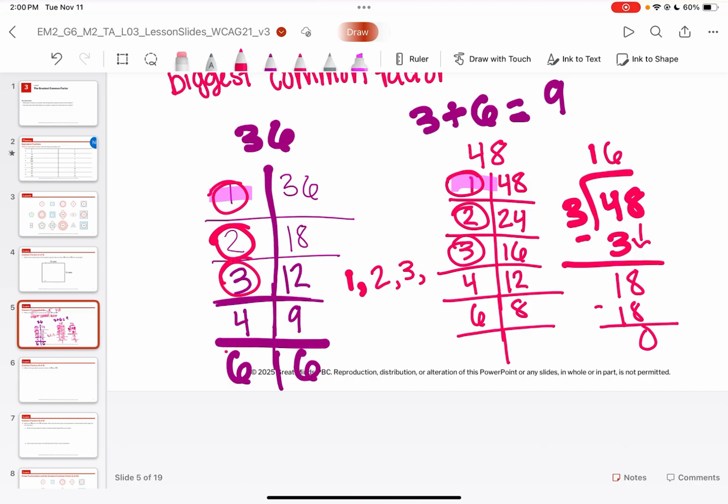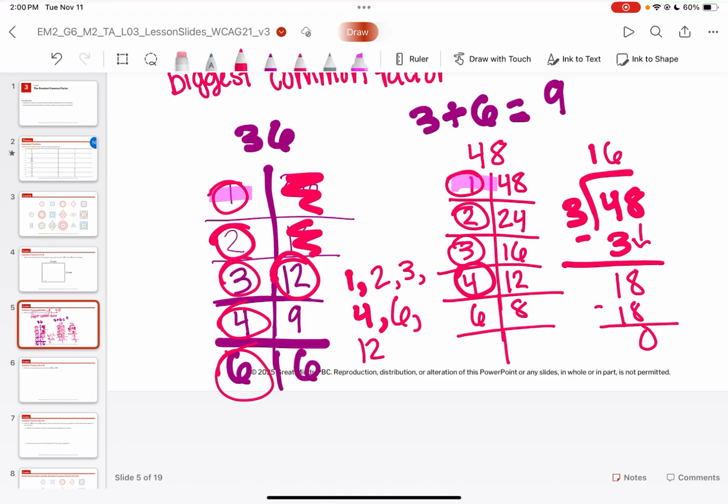Do I see 4 on both sides? Yes. Circle it, write it down. Do I see 6 on both sides? Yes. Do I see 36 on both sides? No. Scratch it out. Do I see 18 on both sides? No. Scratch it out. Do I see 12 on both sides? Yes. Circle it, write it down. Do I see 9 on both sides? No, I don't. And I already repeated 6.